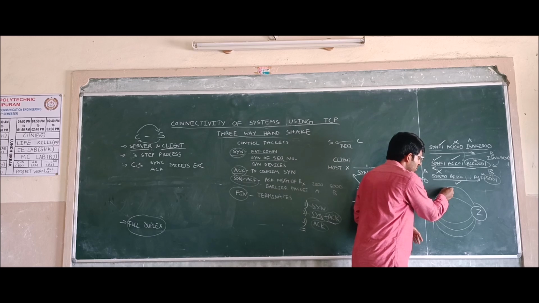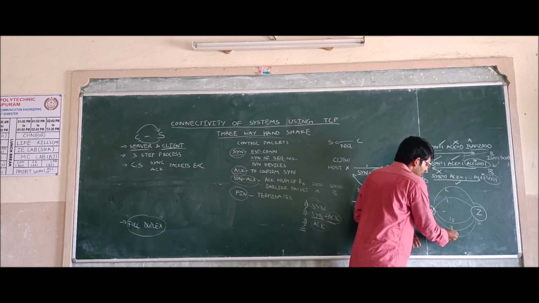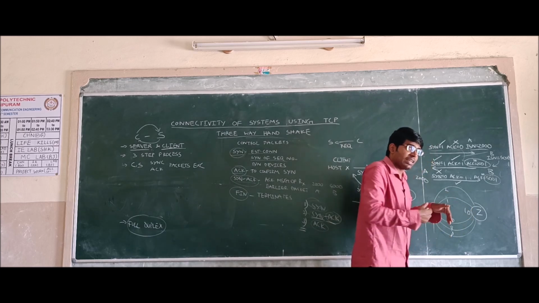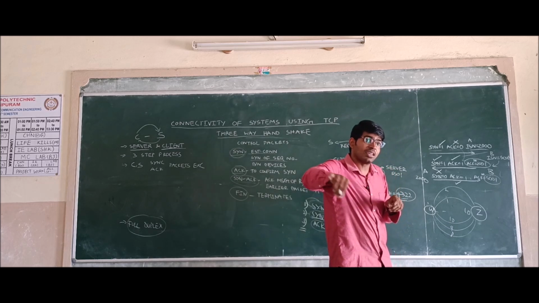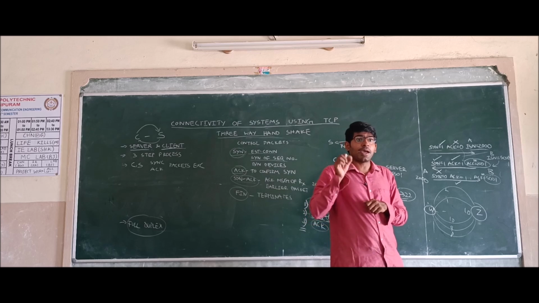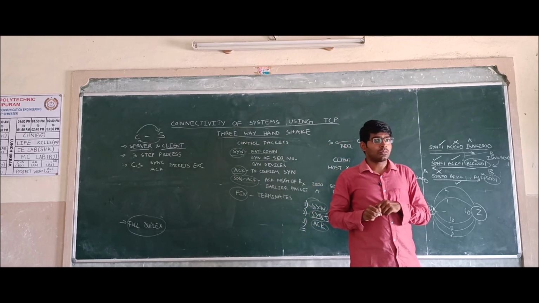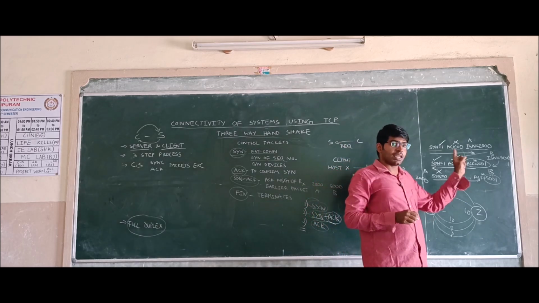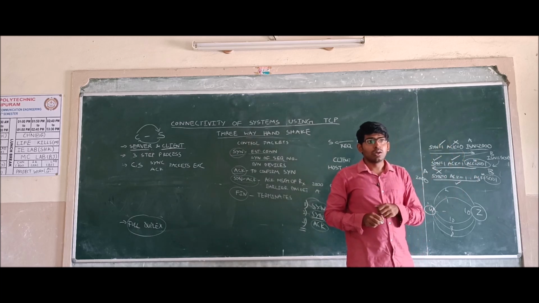This is packet 1, this is packet 2, this is packet 10, packet 9, packet 8. Packet 10 may reach first because it may be traveling the shortest path, but we are expecting packet 1 to reach first. So this packet will wait until packet 1 reaches.